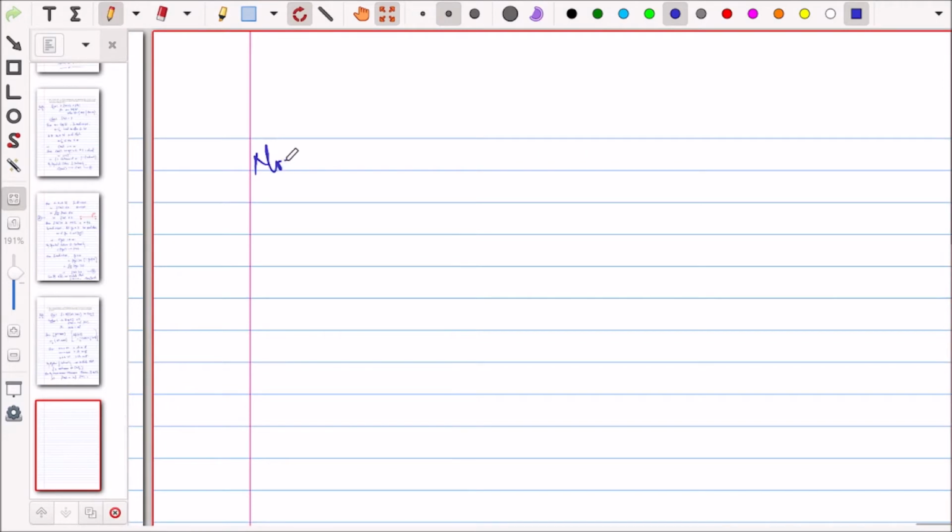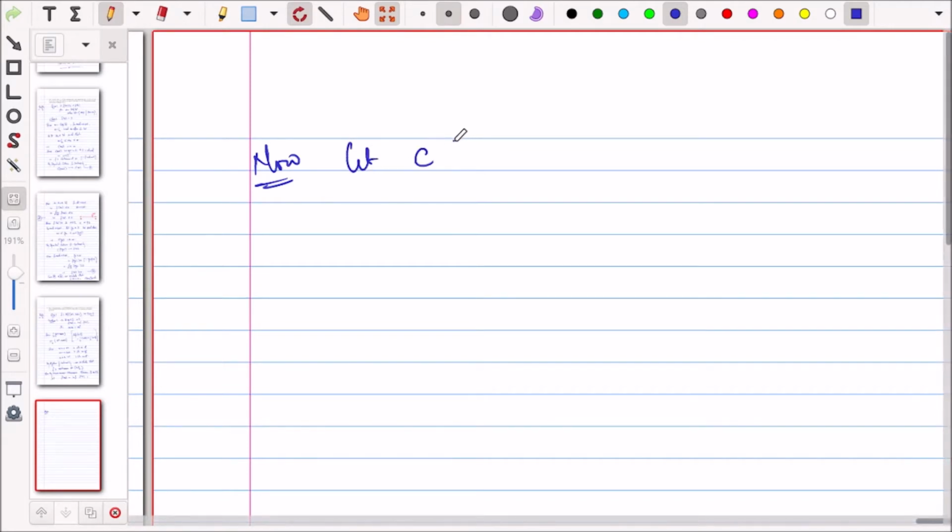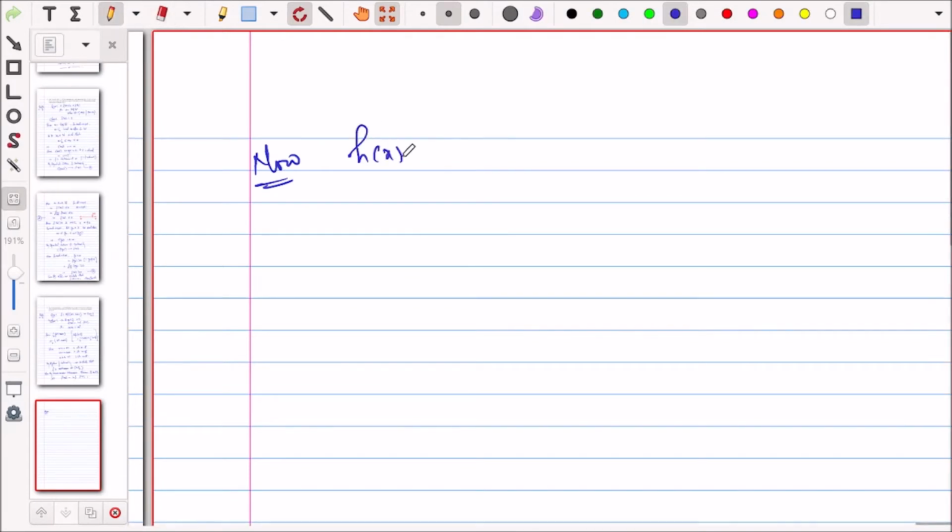Now let h of x be equal to x square minus cos x on 0 to pi by 2.